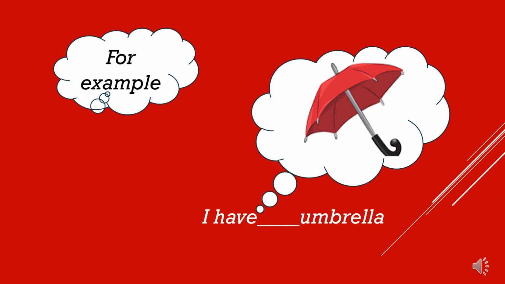Students, you just remember, you just go through the sounds: a, e, u, o. And this is a. So it is a vowel sound. If it is a vowel sound, we will put an.